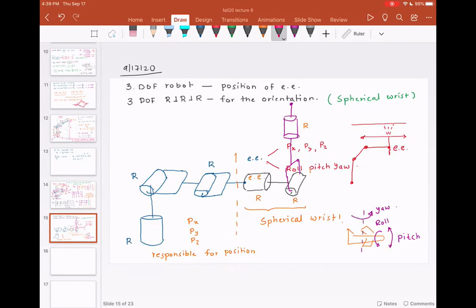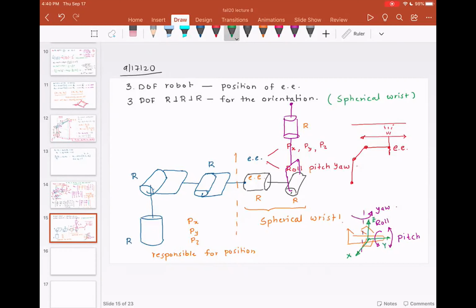Now, one thing to be understood is that pitching motion is about the x-axis. When I set up the axes for the aircraft, this is the axis where you have the pitching motion. Yawing motion is about the z-axis. So this is the x-axis, this is the z-axis, and your roll motion is going to be about the y-axis.